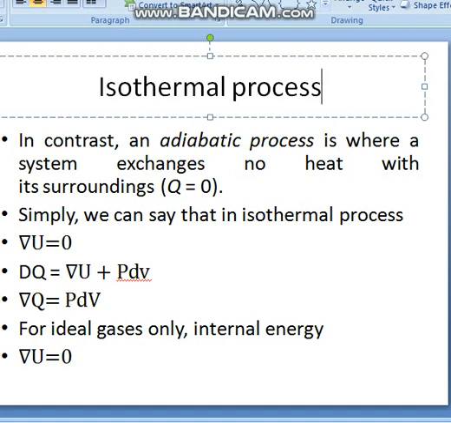Last, I want to make it clear that a pure isothermal process cannot be achieved. The reason is that there are several frictional losses and some other losses as well, and similarly a 100% isolating system cannot be generated.